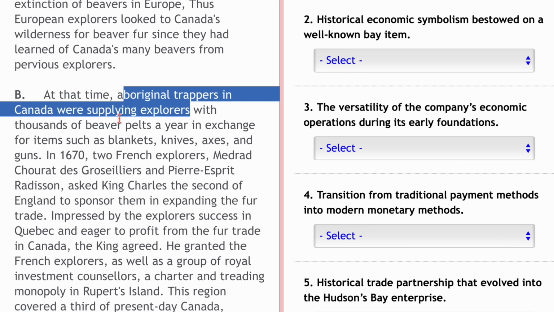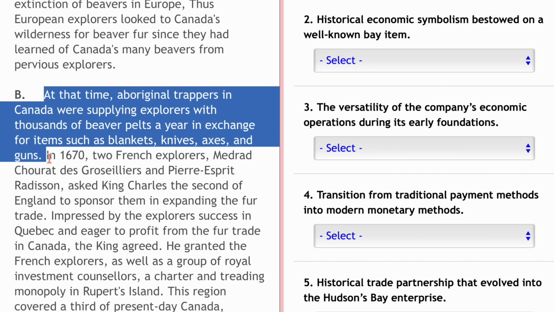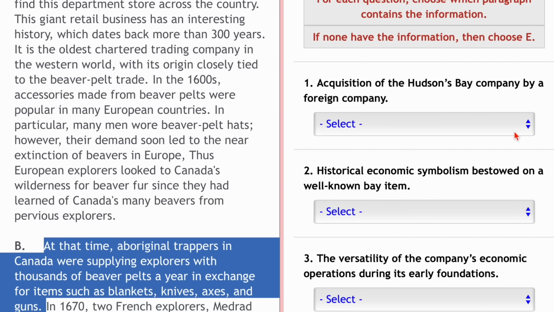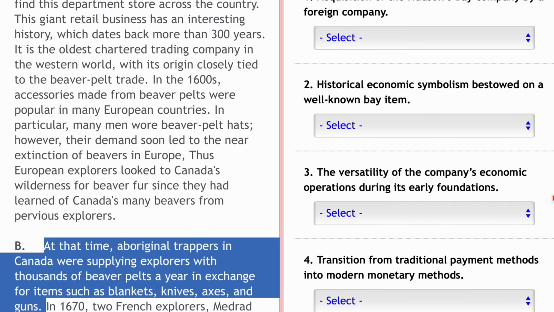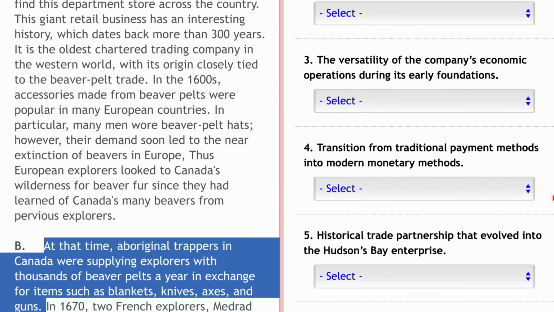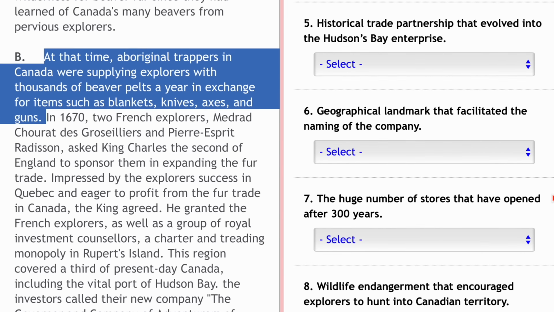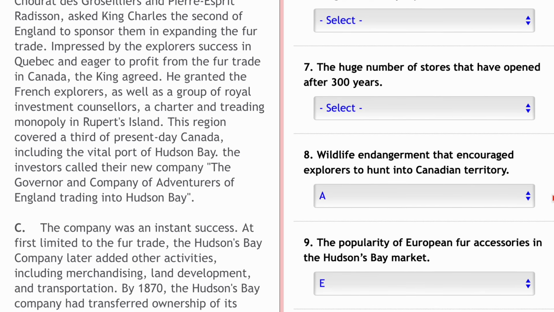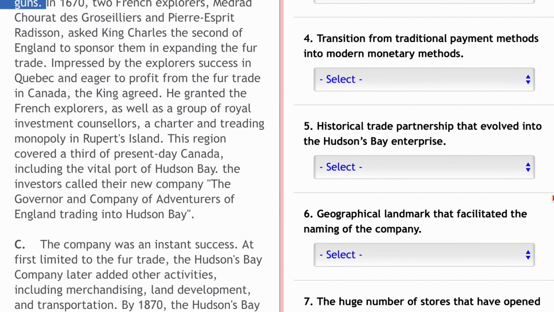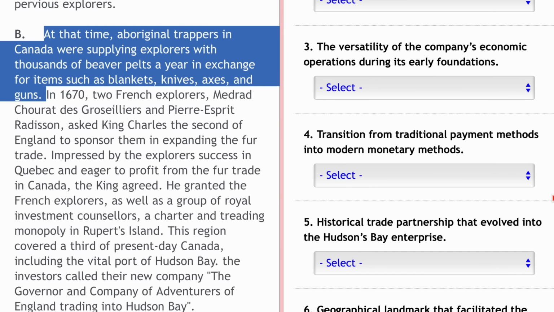So I remember a question about that. I remember that. And that one was question number transition, historical trade partnership, geographical landmark, stores. So I believe it's 5. Now, it's not clear about evolved into the Hudson's Bay Enterprise, but let's see here the rest of the paragraph.